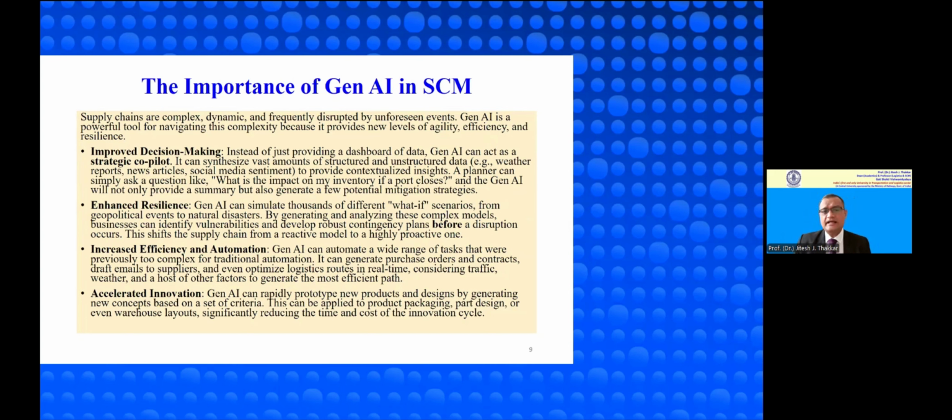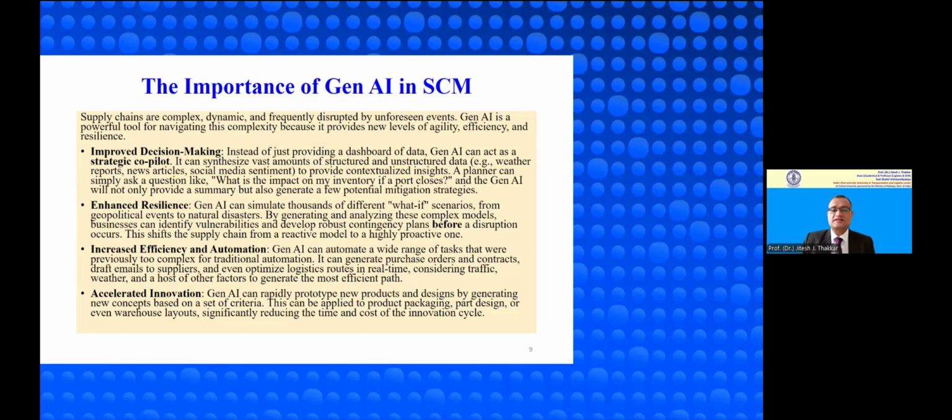So if you look at the importance of Gen AI, then certainly it improves decision making. Gen AI can act as a strategic co-pilot. If I want to investigate the impact on my inventory if a port closes, Gen AI will not only provide a summary, but also generate a few potential scenarios and mitigating strategies.